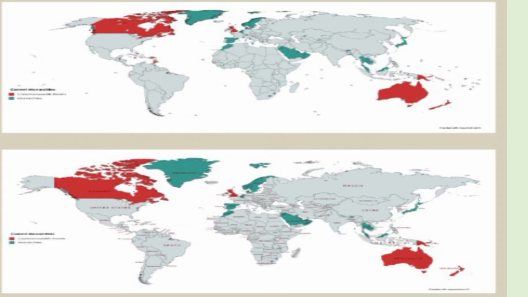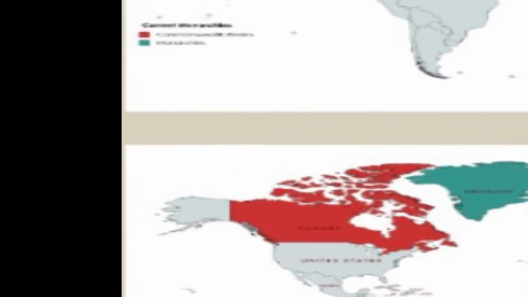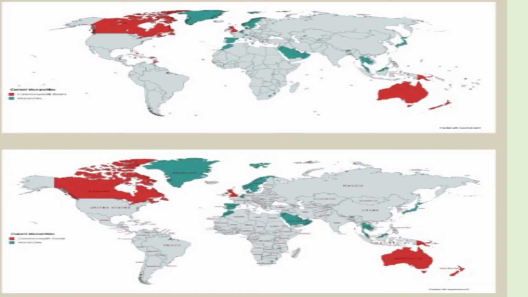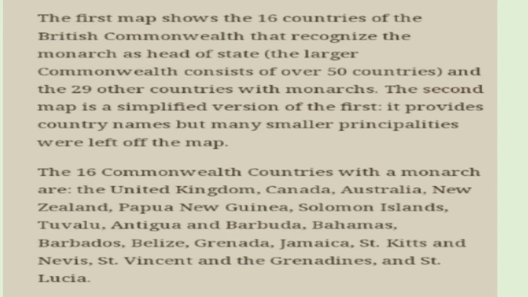This map shows the different countries of the world which are monarchies as well as Commonwealth countries. The first map shows the 16 countries of the British Commonwealth that recognize the monarch as the head of state.